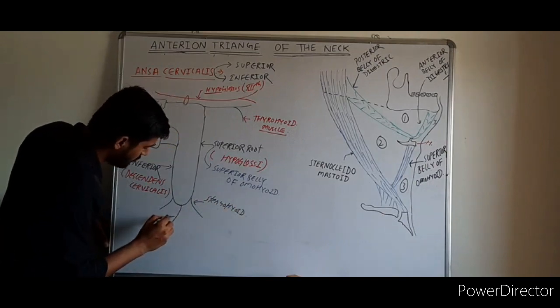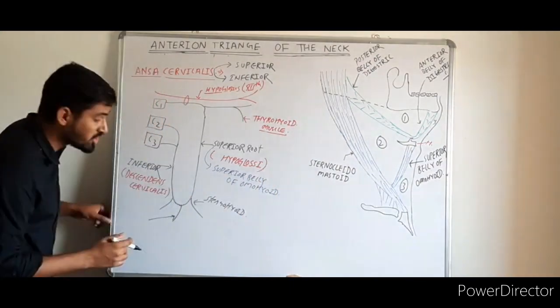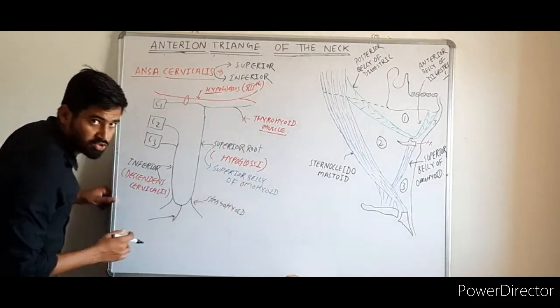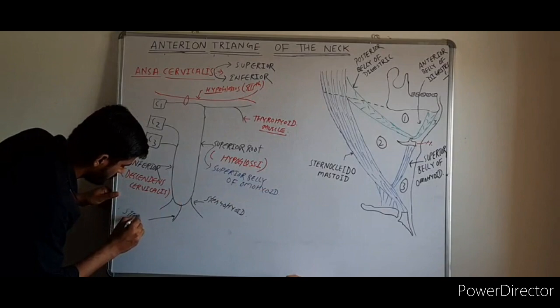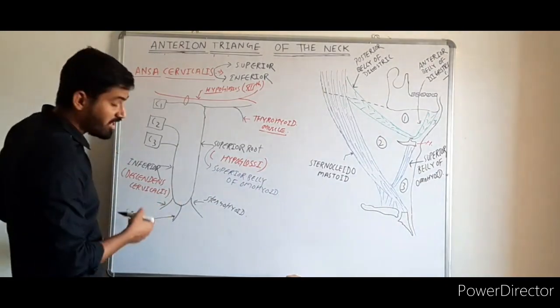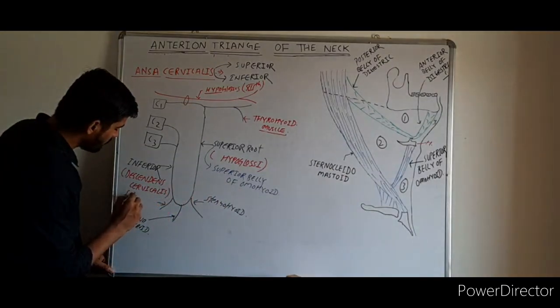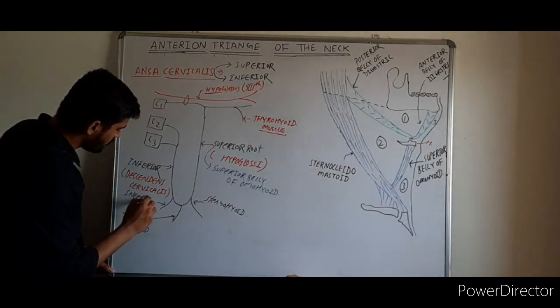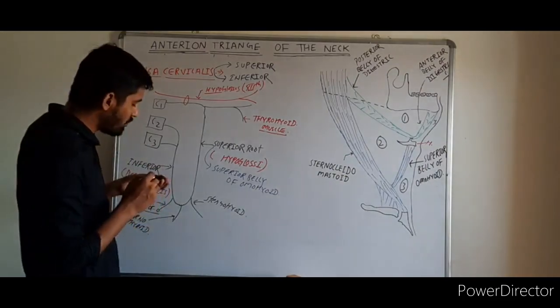This is for the muscle between sternum and thyroid, that is called sternothyroid. This is sternothyroid, and this is the superior belly of the omohyoid, and this is for the inferior belly of omohyoid. So this is all about ansa cervicalis.